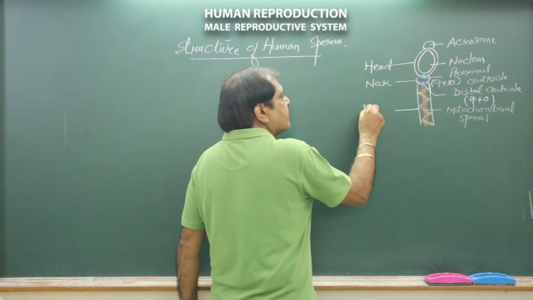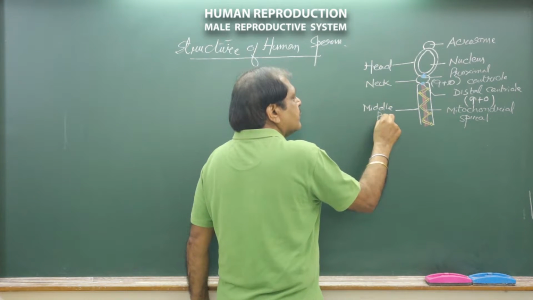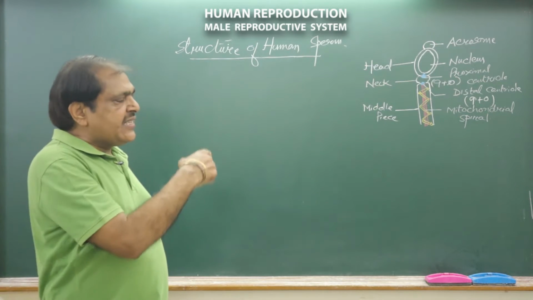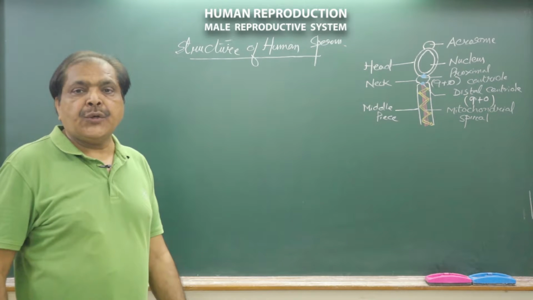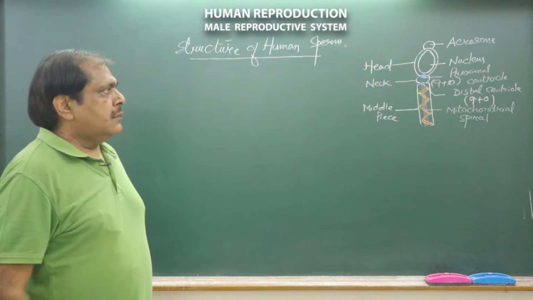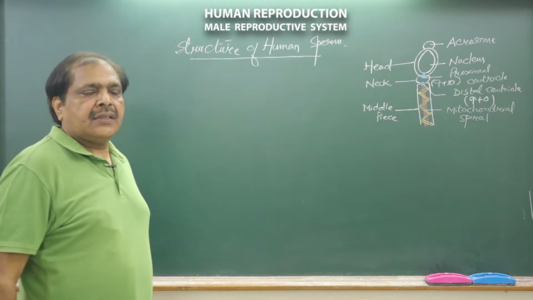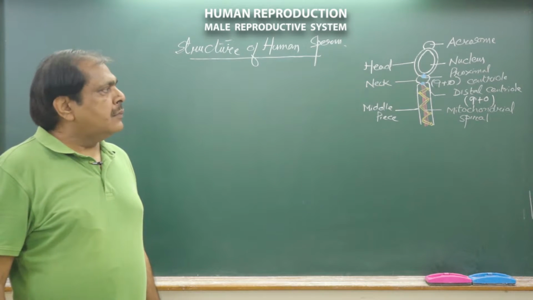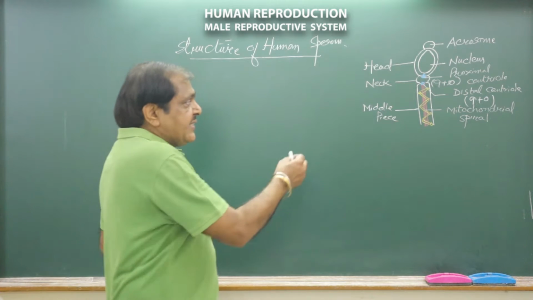Middle piece contains the axial filament formed by the distal centriole, and mitochondria are arranged in a spiral fashion around the axial filament, and that is called the mitochondrial spiral.